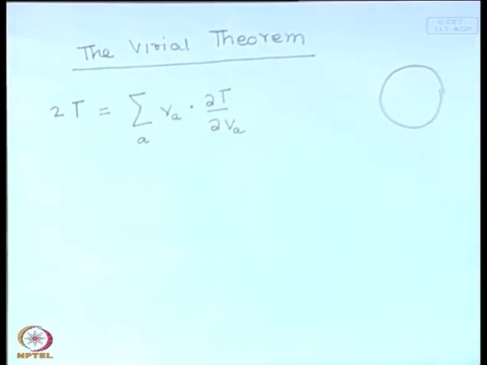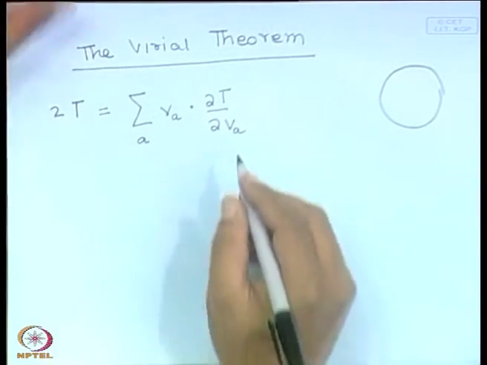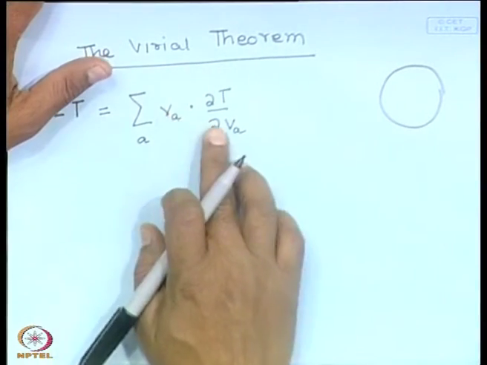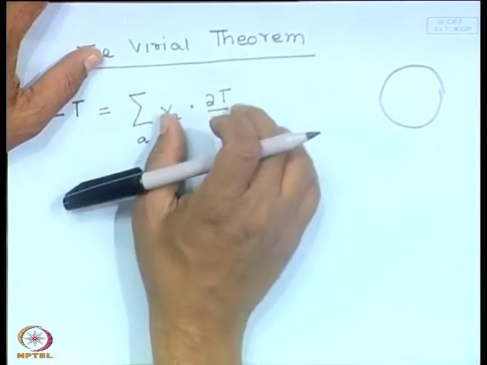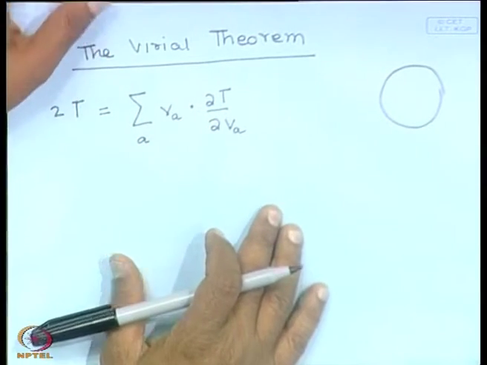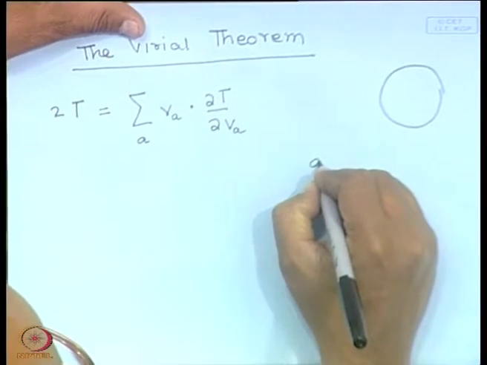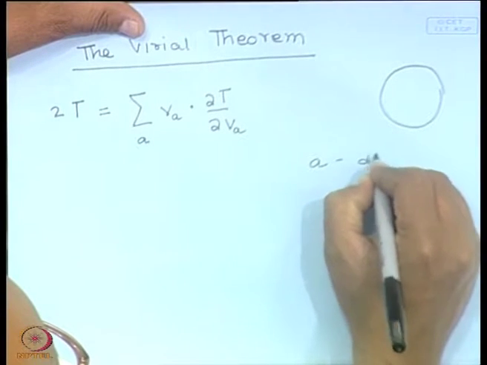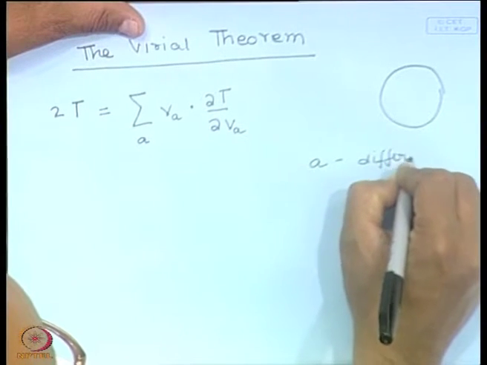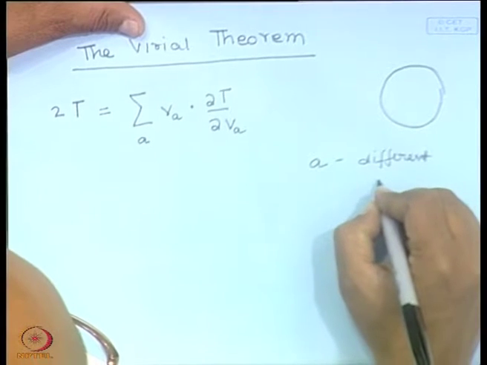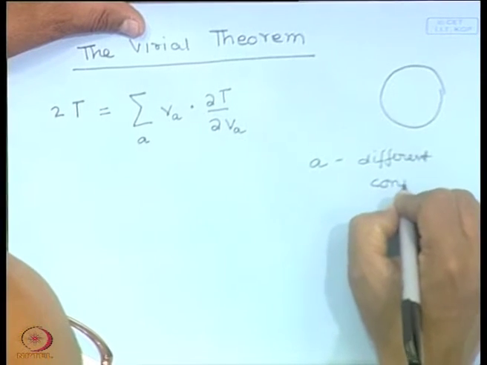So, by this derivative there is a dot product here, and you have to differentiate with respect to different components. I am using some very short notation. A refers to different components of my system.